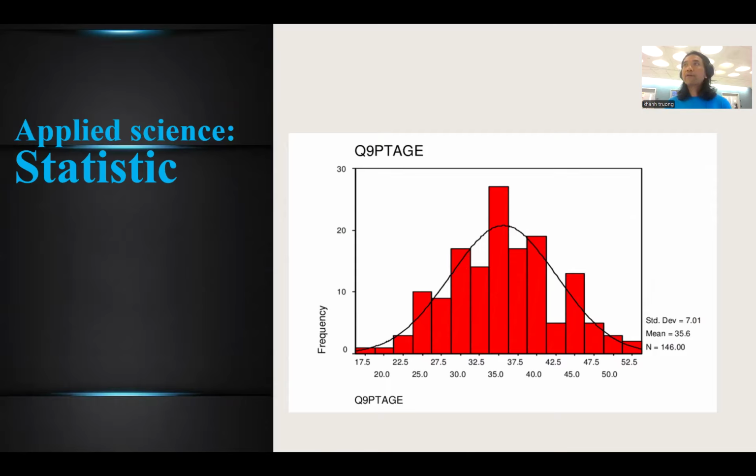And why does it matter if the data set follows the normal distribution? Because if the graph of the sample is a normal distribution, a lot of things hold true. A lot of the empirical rule holds true.